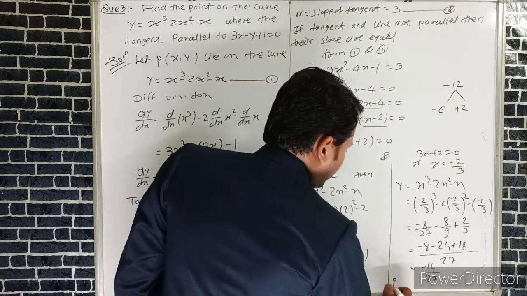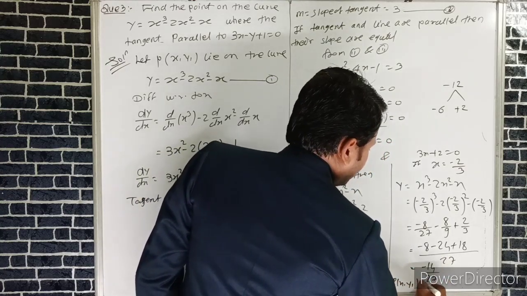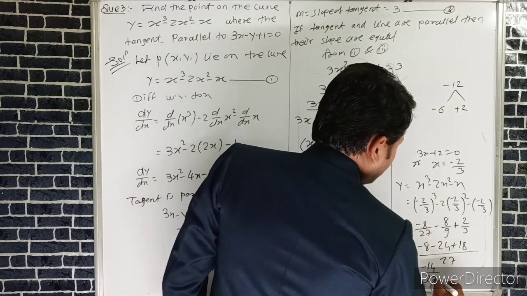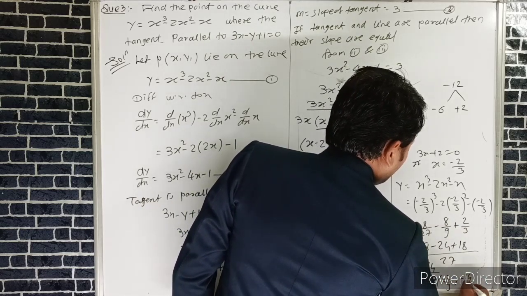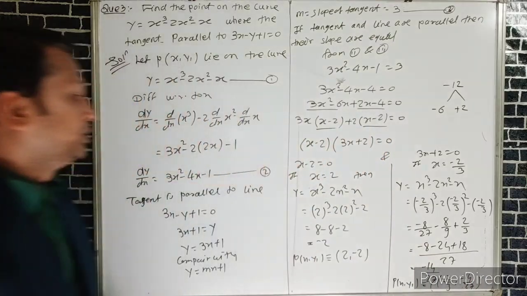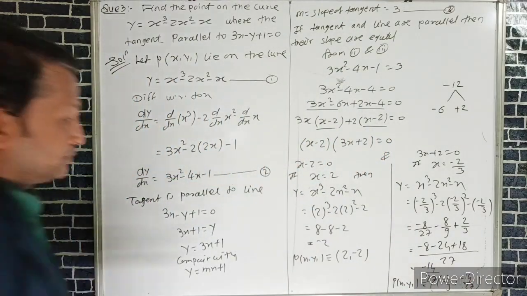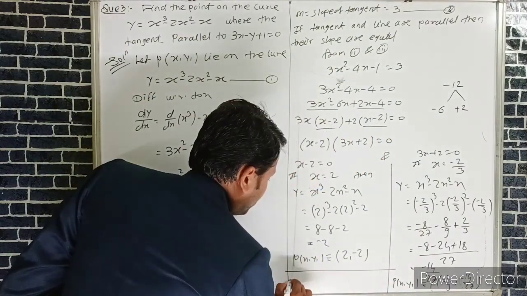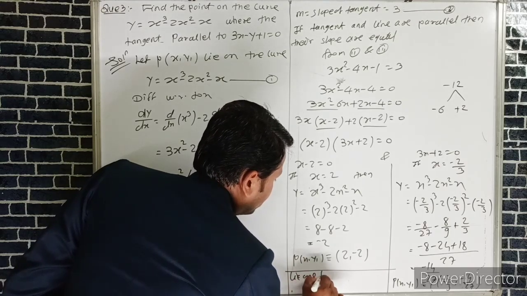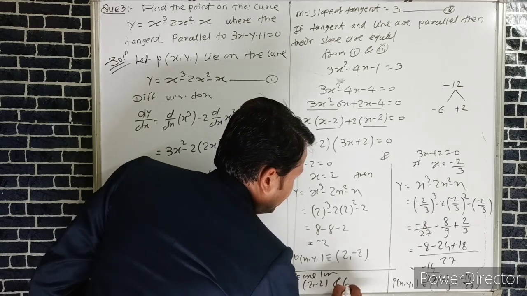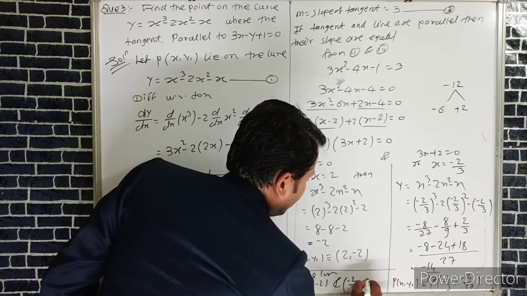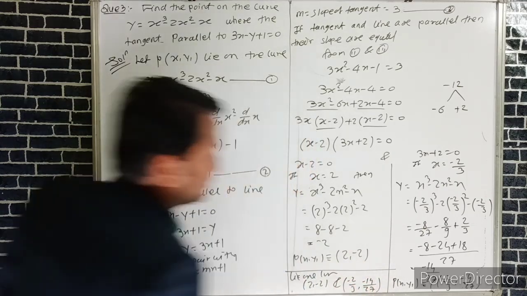We can write point P (x1, y1) when x is equal to minus 2 by 3, then y is equal to minus 14 upon 27, which is the required point. The points which lie on the curve are (2, minus 2) and (minus 2 by 3, minus 14 by 27).